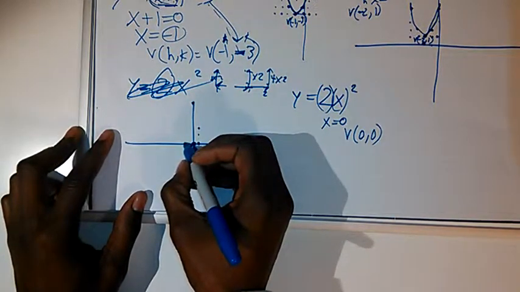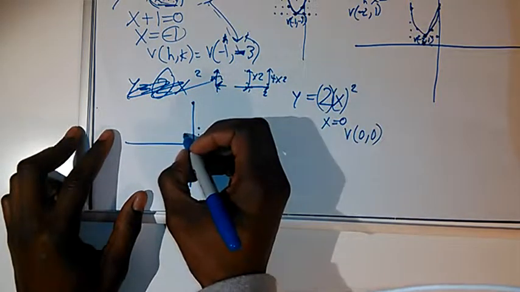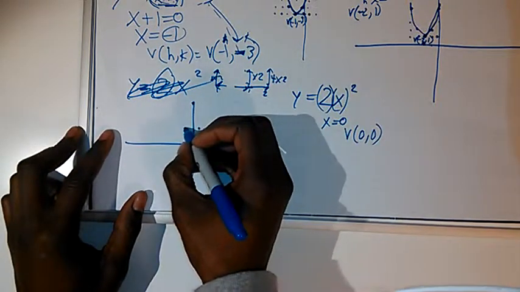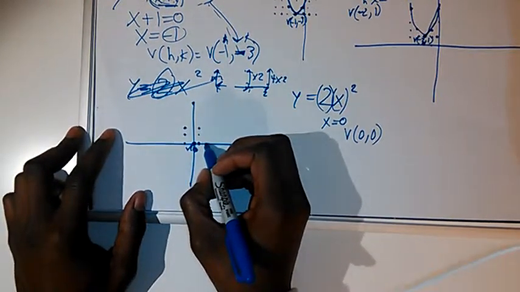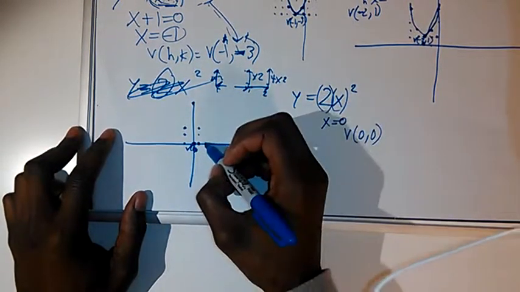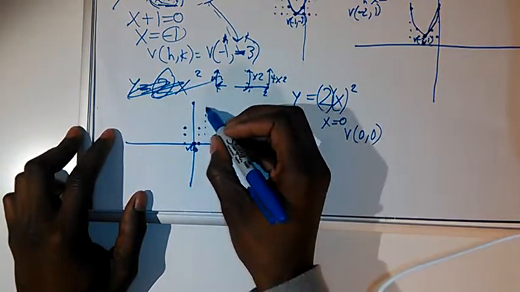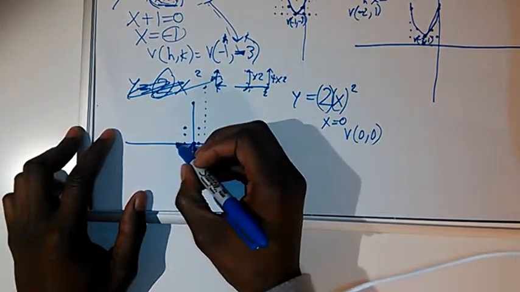Go over once, go up once, times 2. So 1 times 2 is 2. Now go over twice, 1, 2. Right? Now we're going to go up 2 squared. 2 squared is 4. 4 times 2 is 8. So 1, 2, 3, 4, 5, 6, 7, 8. Okay, same thing with the left side. Go over twice, 1, 2.